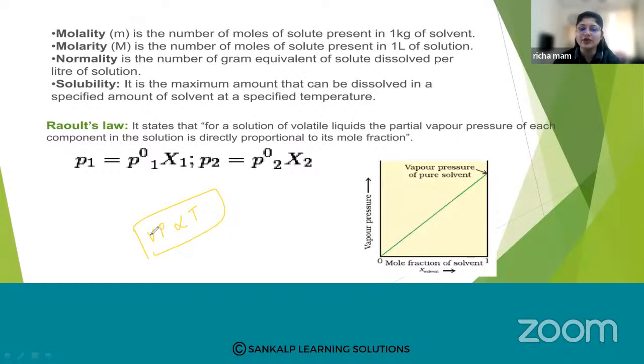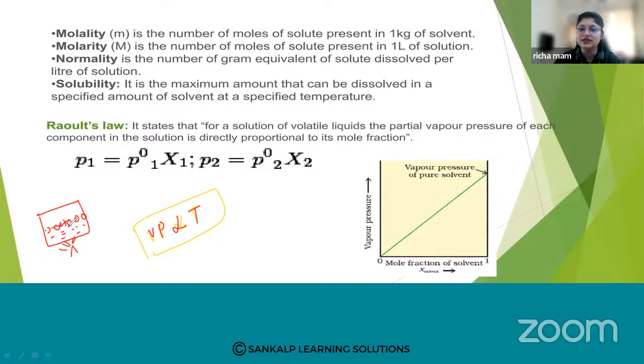If this is a container which consists of a volatile liquid, and you supply heat, the molecules of the volatile liquid present at the surface will form vapors as you heat them. Due to the increase in vapors, they will collide with each other.